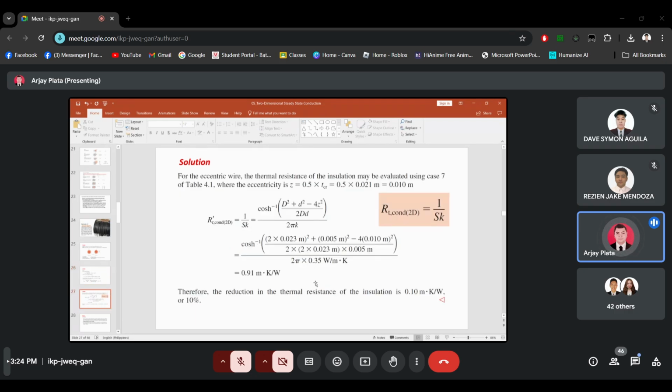So for eccentric wire, we have this formula. RT of conduction is 1 over SK.